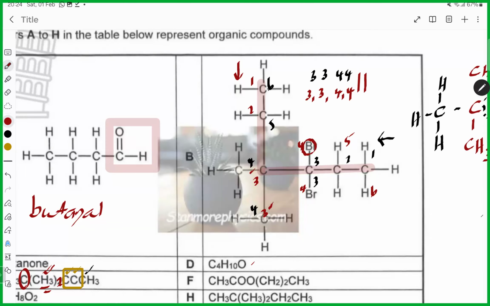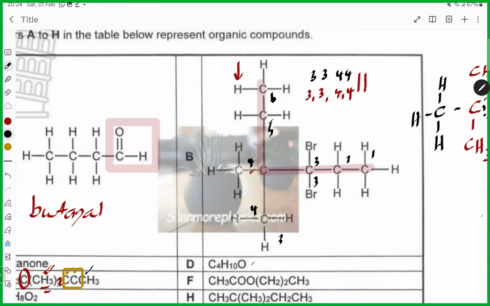Bromine takes the lower number, not the methyl. So it means bromine gets the lower number, not the methyls, because alphabetically B comes before M. So it's going to be 1, 2, 3, 4, 5, 6.